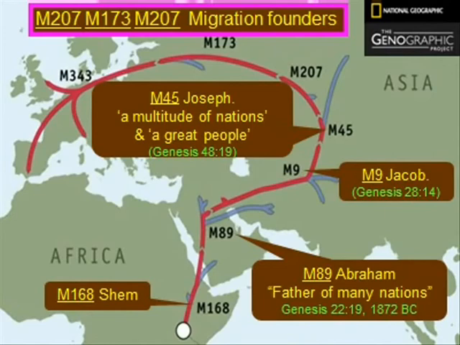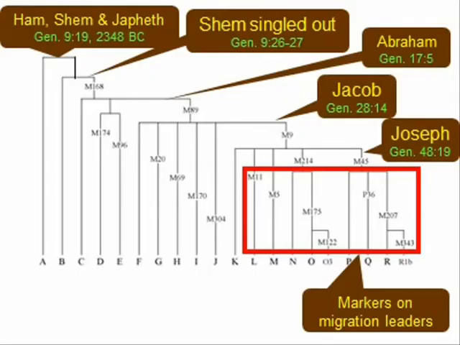Ham, Shem and Japheth then, the founder of the haplogroups. Shem singled out as a major founder, Abraham, Jacob, Joseph, markers on the migration leaders.